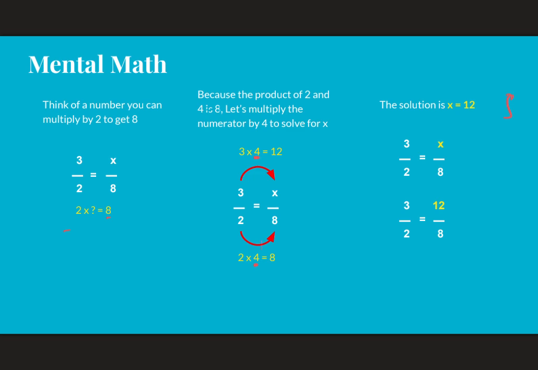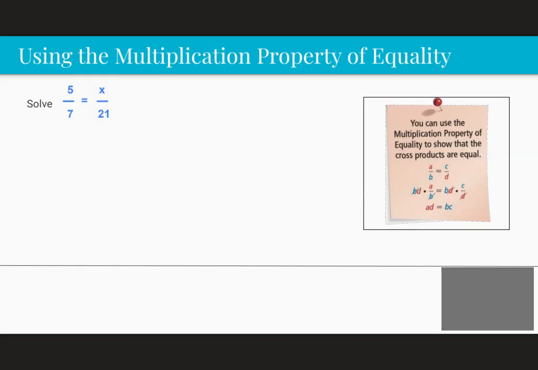Okay, number 5. You're going to solve this final proportion using the multiplication property of equality. Just to review, it's kind of like cross multiplication, but since we are solving for x, right here, 5 over 7 is equal to x over 21, what we can do is multiply both sides by 21.